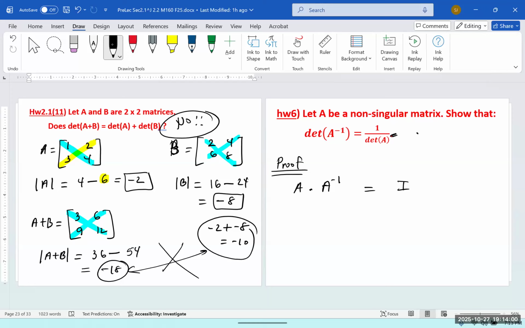No idea? Do you want me to give you the second hint? If you isolated A inverse and then took the determinant of both sides, you would get something. Before you isolate, let's find the determinants.